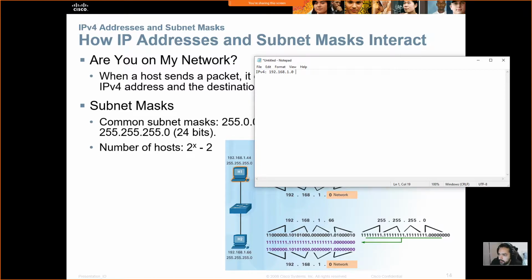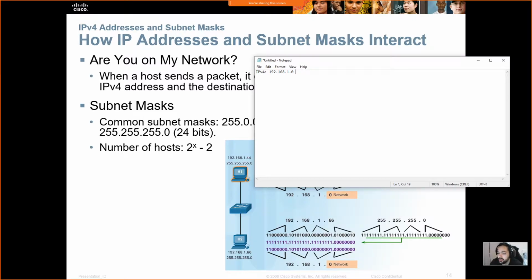This IP address is a network address, because it ends with a 0, as you can see. This address is a private address, so it can be assigned to any device within a LAN. But remember, this is the network address because it ends with 0.